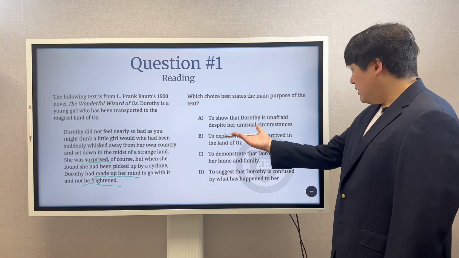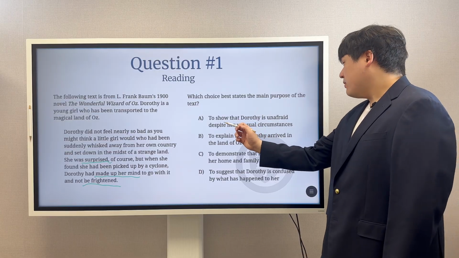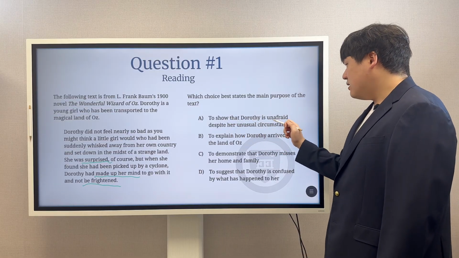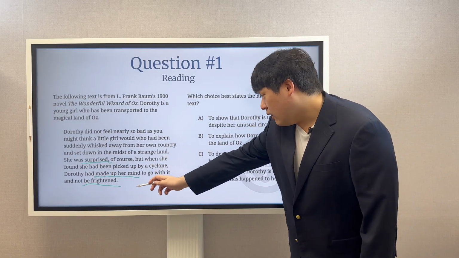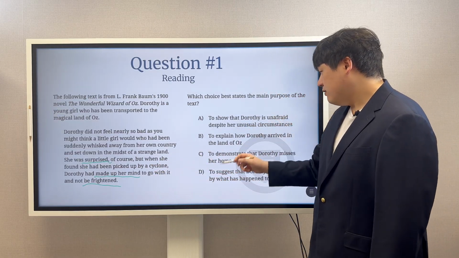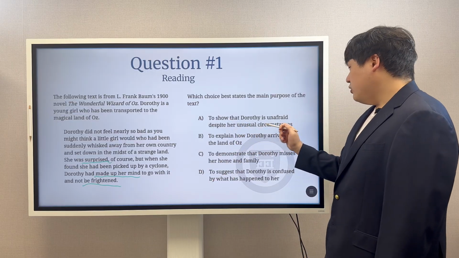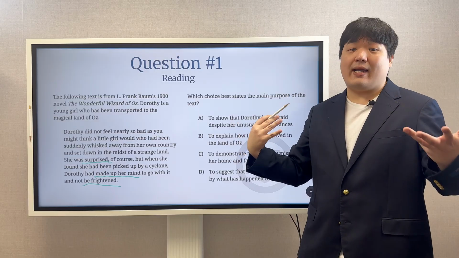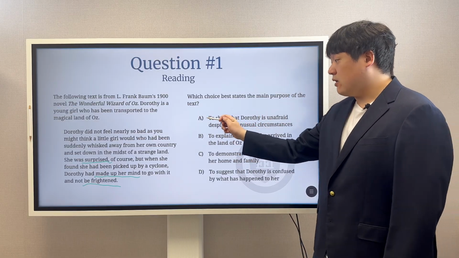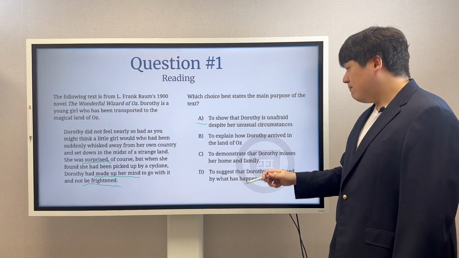We'll explain what that means with these examples. A, to show that Dorothy is unafraid despite her unusual circumstances. Okay, we can see not frightened, unafraid, despite her unusual circumstances. We know she's surprised because it's something that's not quite the norm. So this one's looking quite good. We'll keep an eye on this one.